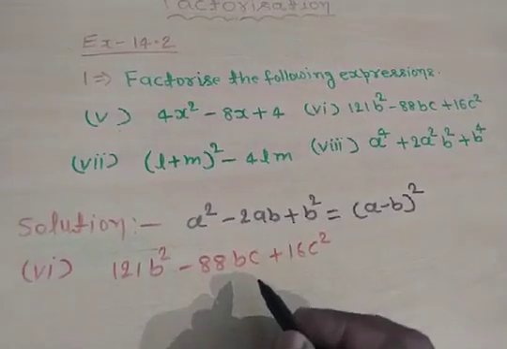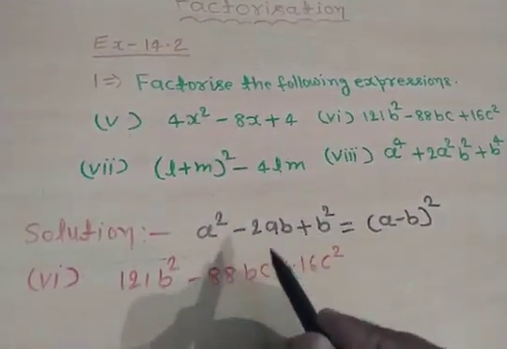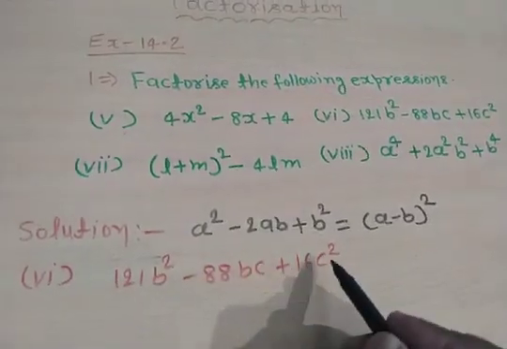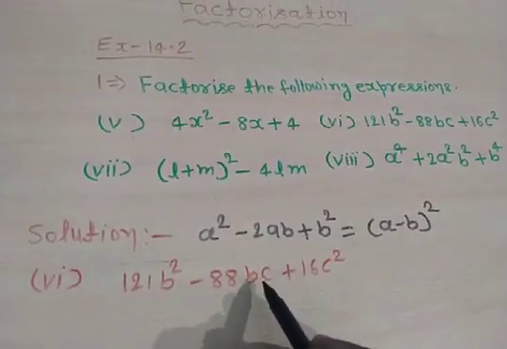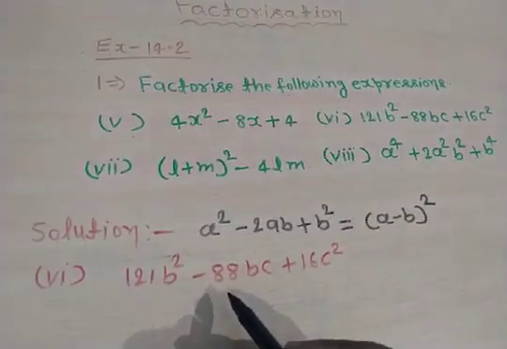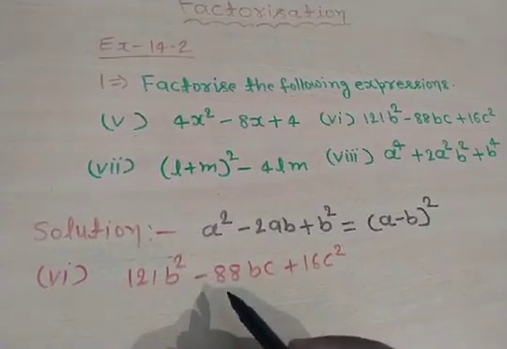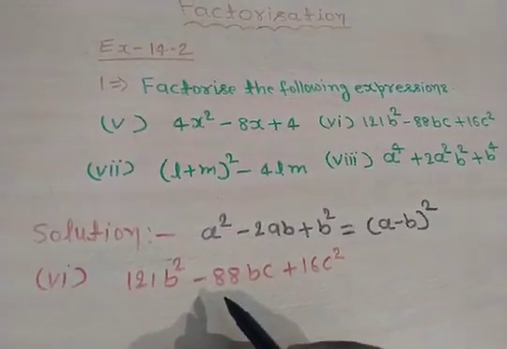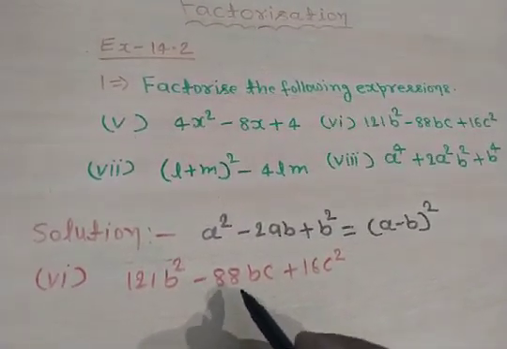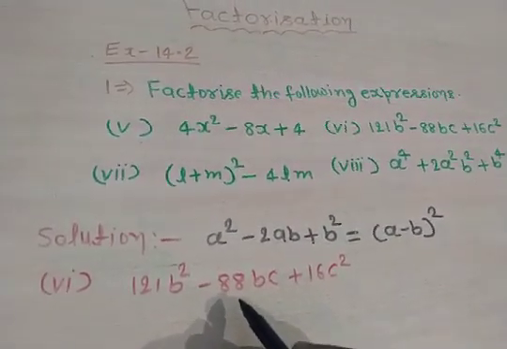So if we see it, a square plus b square minus 2ab, b square plus c square minus something. Okay, so first we use these identities. After this we also factorize it by splitting middle terms, or you can say divide middle terms into equal part.